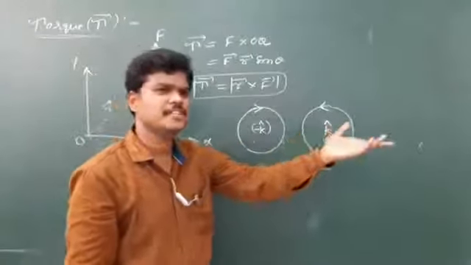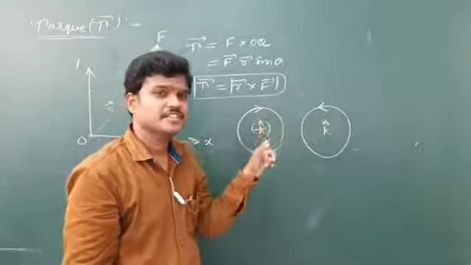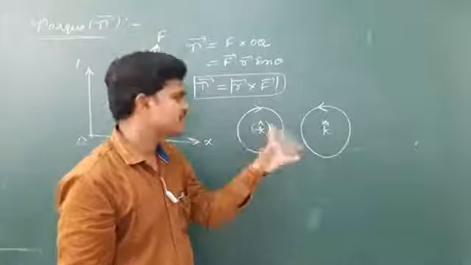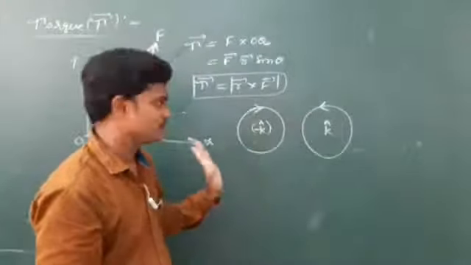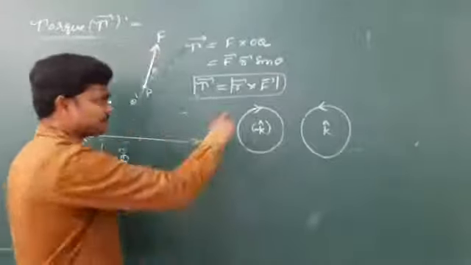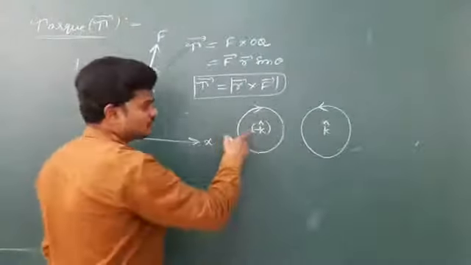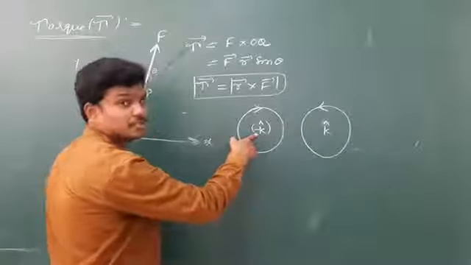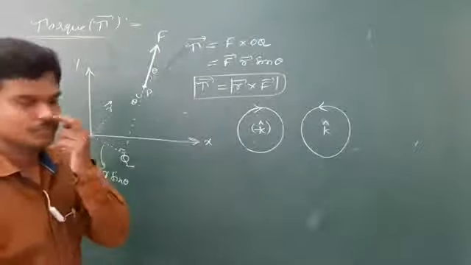If it is in the yz plane, the direction is i cap, plus i cap or minus i cap based on clockwise and anti-clockwise. Right now the particle is in the xy plane, so the direction of torque is minus k cap for clockwise motion and plus k cap for anti-clockwise motion.